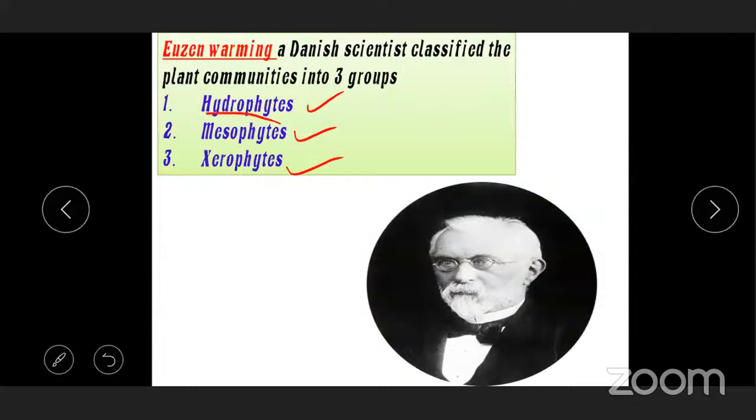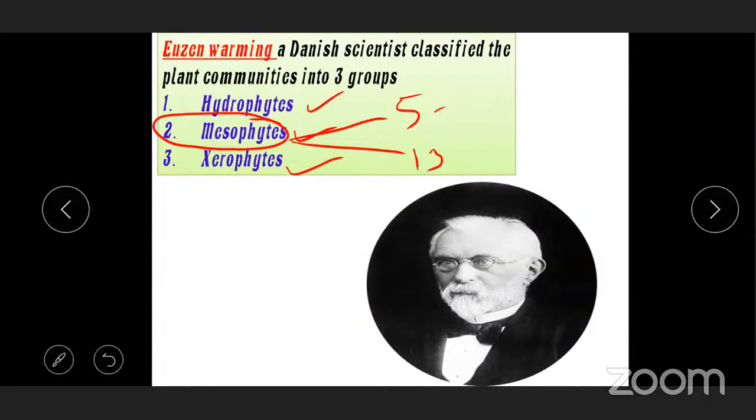There is no information about mesophytes in this unit, because mesophyte information is given in the 5th chapter, that is morphology of flowering plants, and the 13th chapter. What is the 13th chapter? Histology and anatomy.